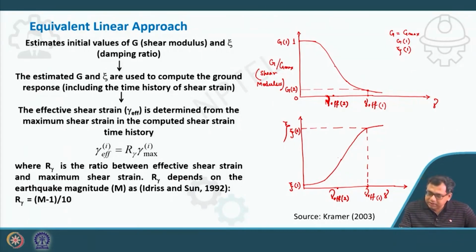So now in the third trial, I will take this damping ratio and this is my G, say G3. Now I repeat this process. Now I will get an effective strain here.